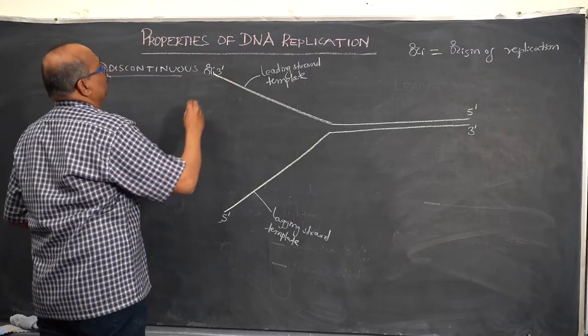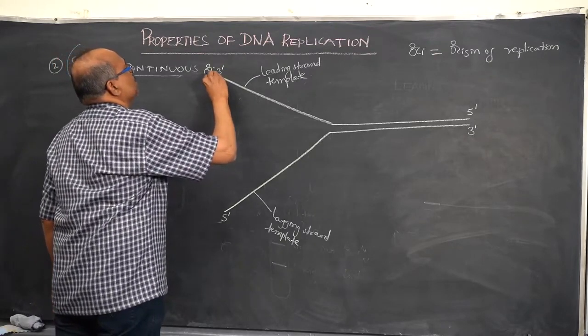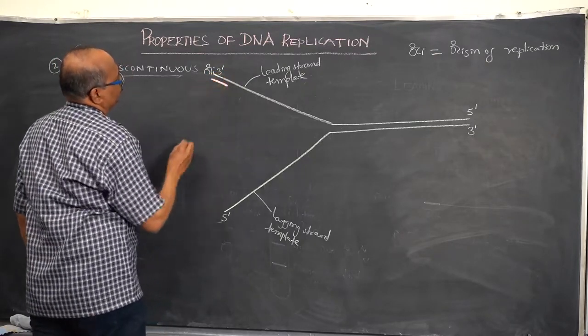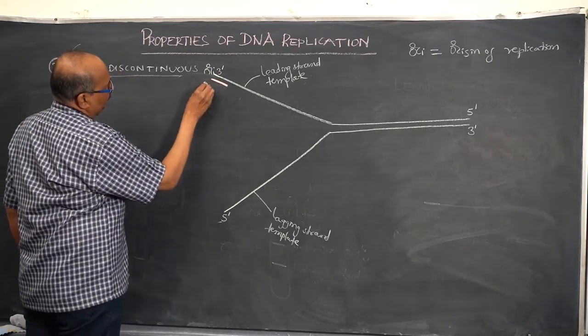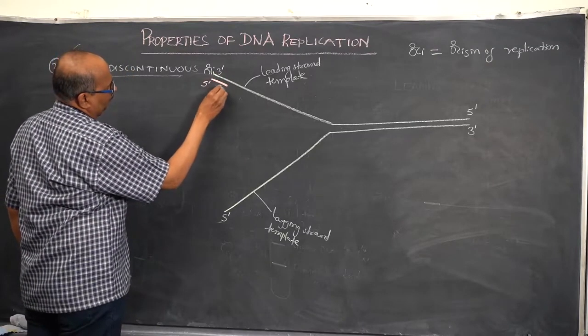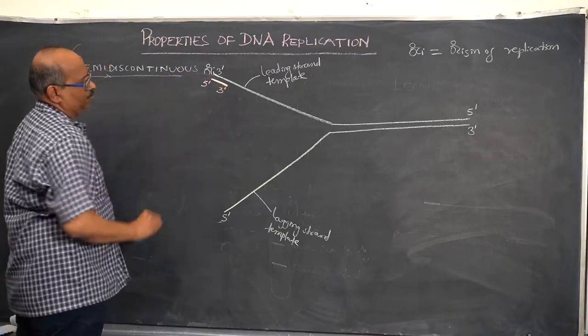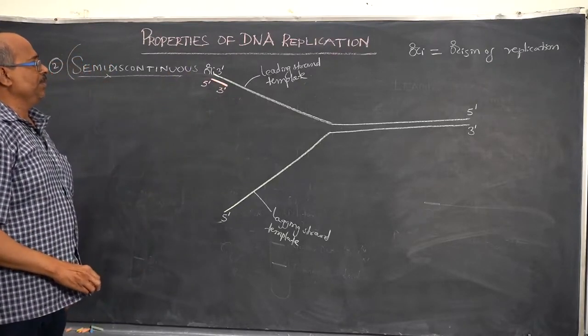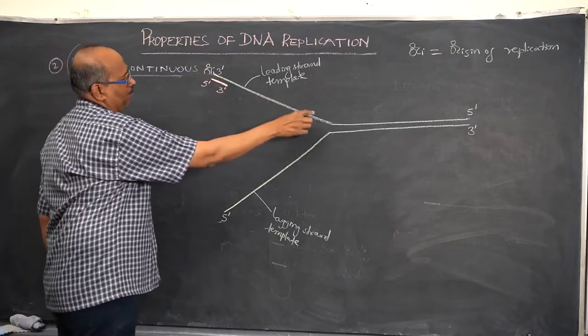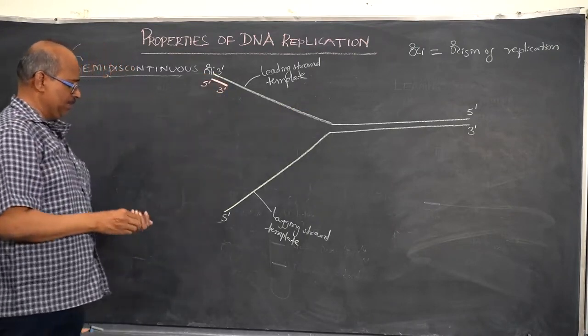So first we have a primer. This is the primer. The primer will be 5', 3'. This strand is 3', 5', so it is complementary.